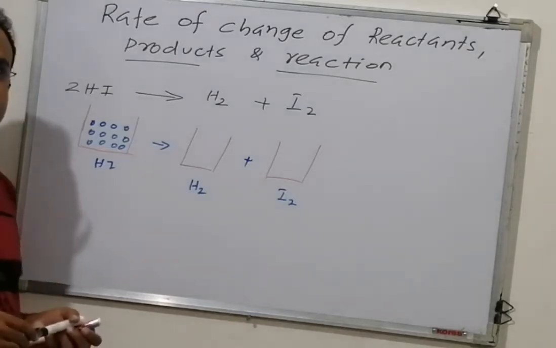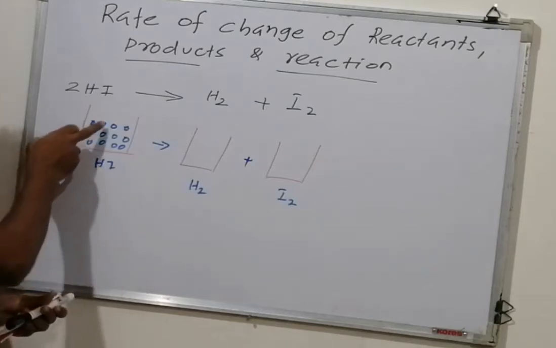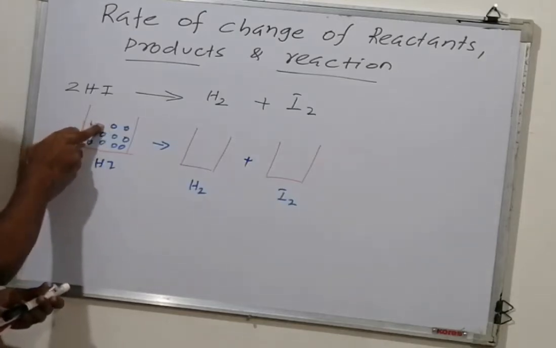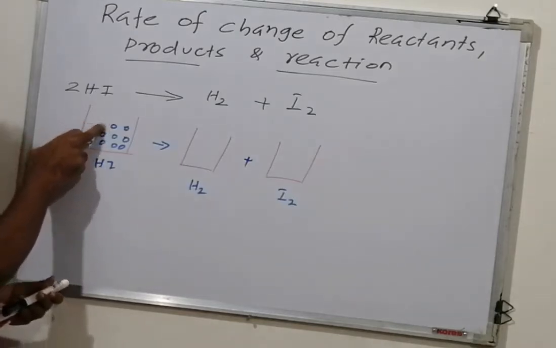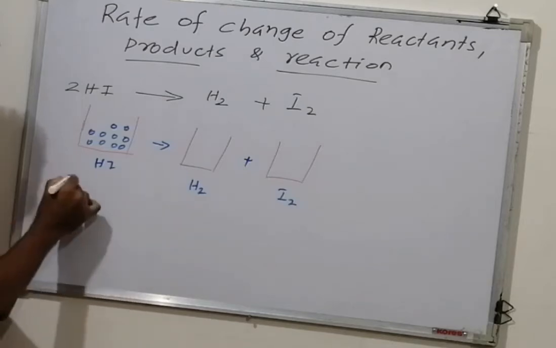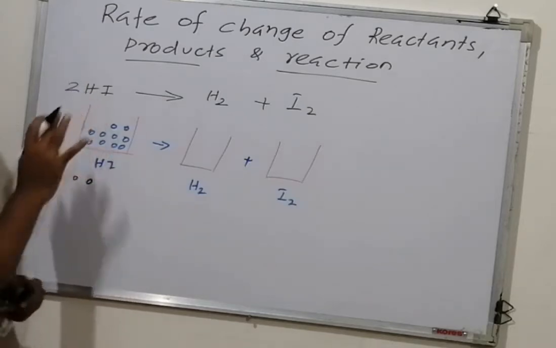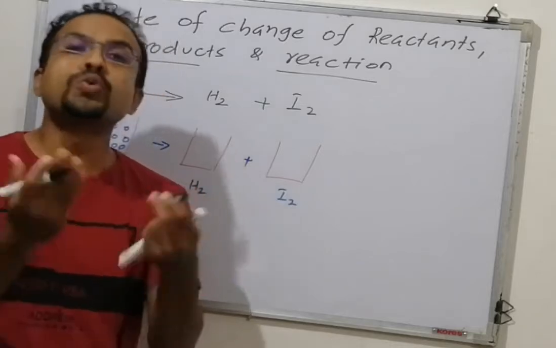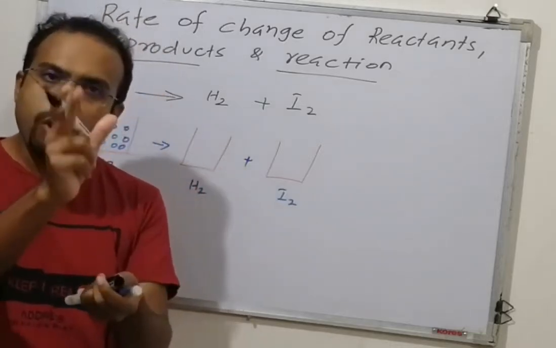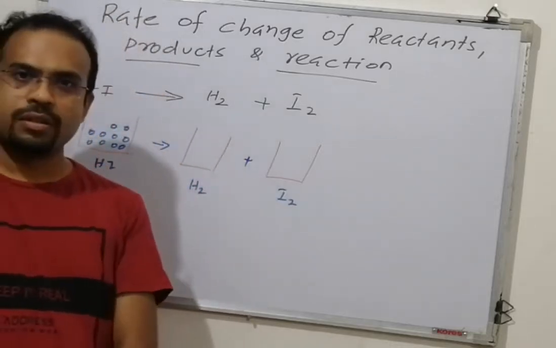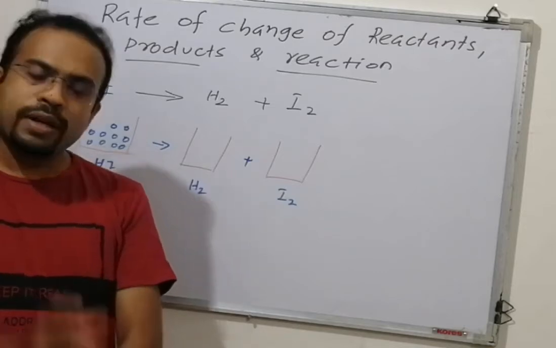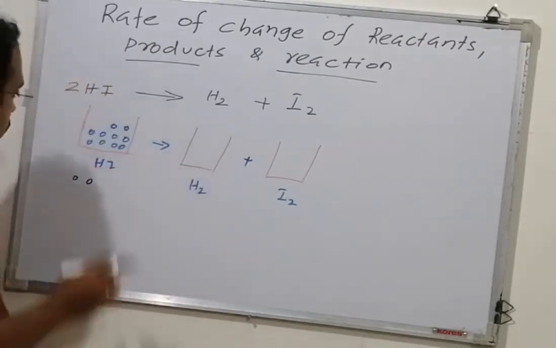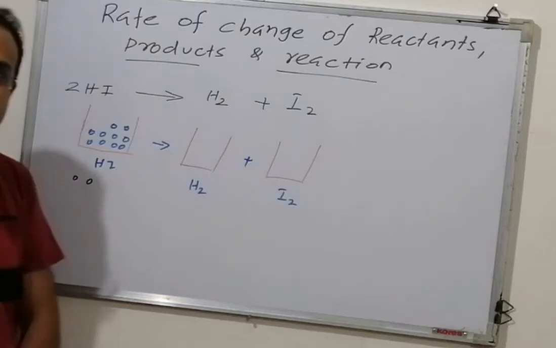Suppose 2HI reacts. Why 2HI? Because the coefficient shows 2. What is that 2? 2 moles. For convenience, we can take 2 molecules.